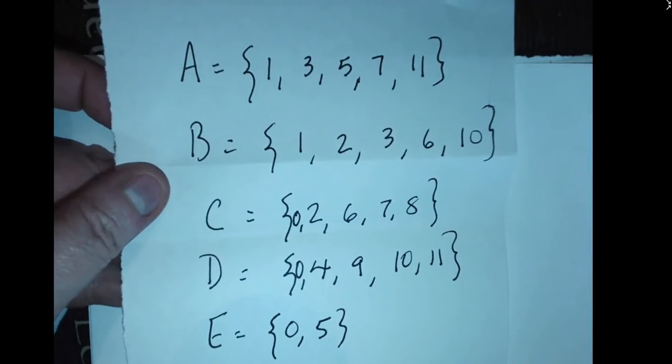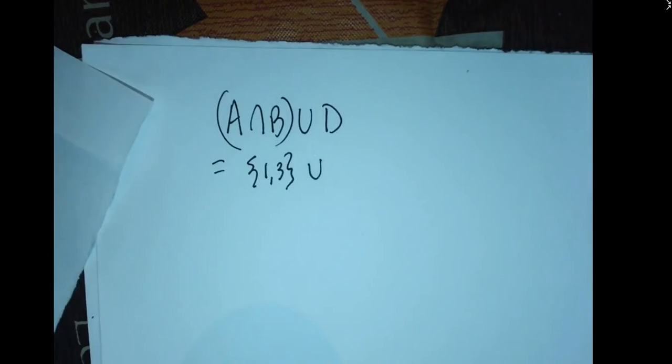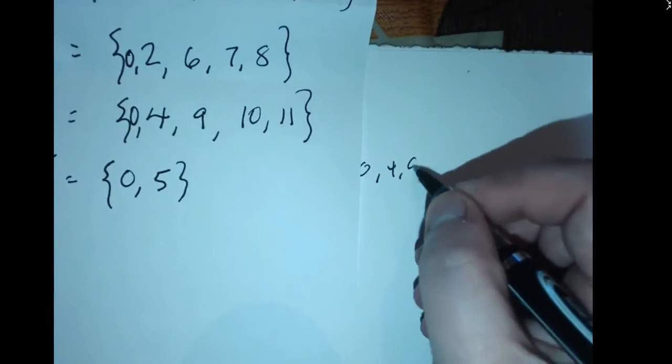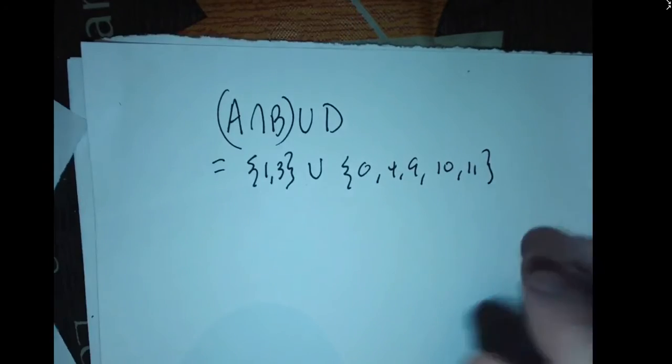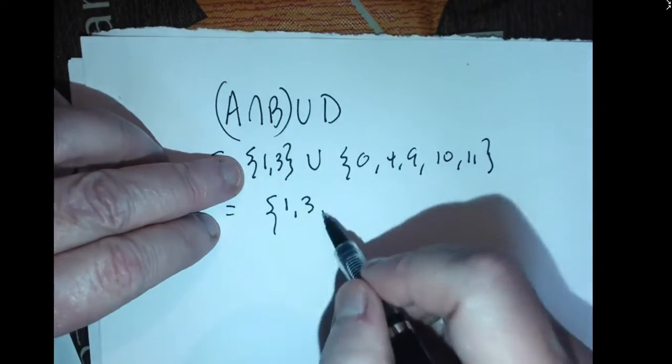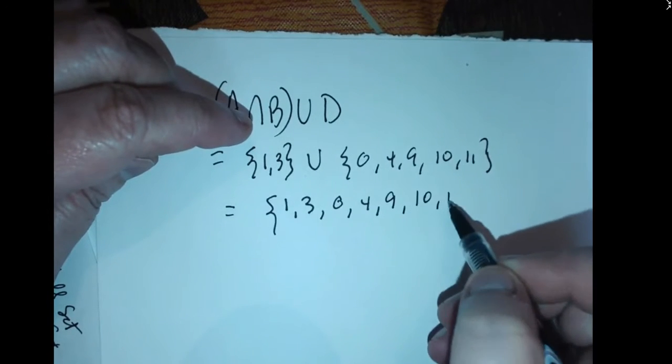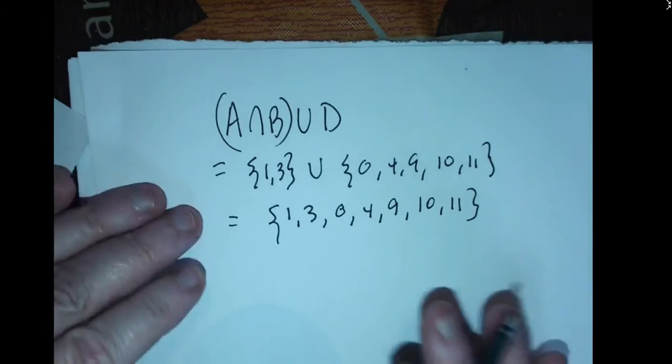We're working with these sets, and we've already done this part, so this is going to be this set, and then in union with D. I'll write it down here as one big set. So I've got 1, 3, and then I'm going to put these in here. Just remember, you cannot have repetitions: 0, 4, 9, 10, 11. And that finishes that.